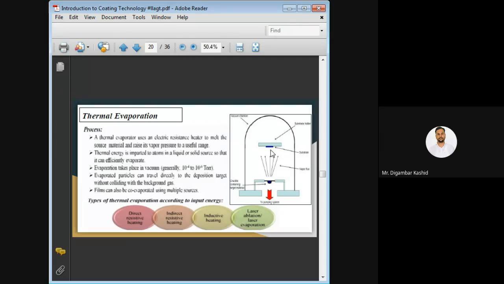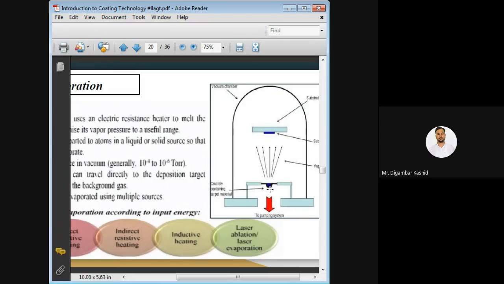Then we are agitating these materials by means of a filament, or maybe an electrical coil, so that they can form vapor, and that vapor can directly deposit onto the substrate itself. So you can see this diagram also.